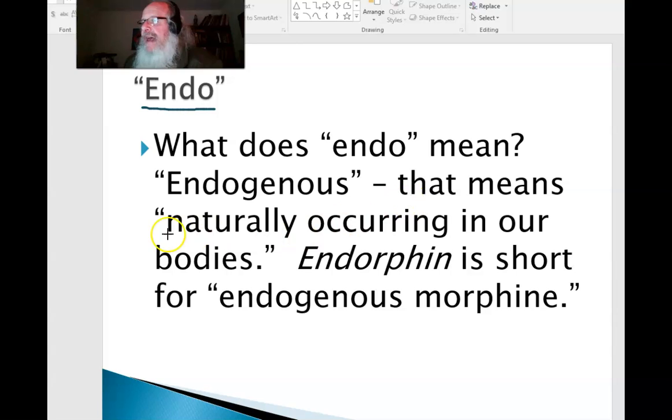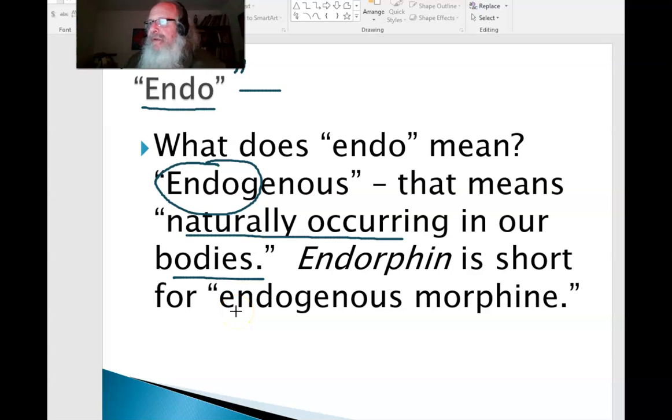It means that whatever we're putting this prefix onto, we've got a naturally occurring neurotransmitter that our body manufactured, and that there are drug molecules that we can ingest that fit into the receptor sites and turn up the activity in the neurons that are tuned to that neurotransmitter molecule.